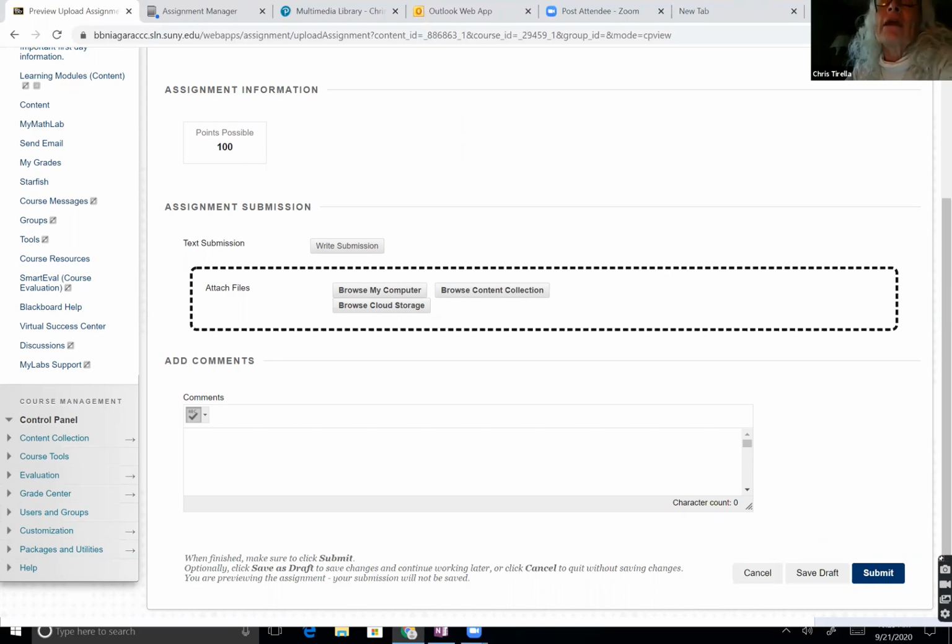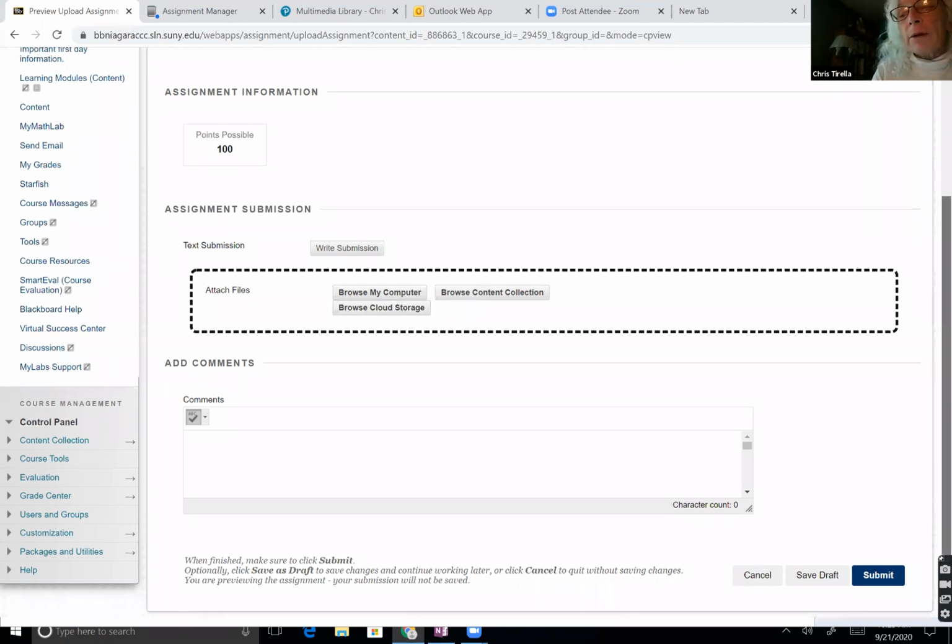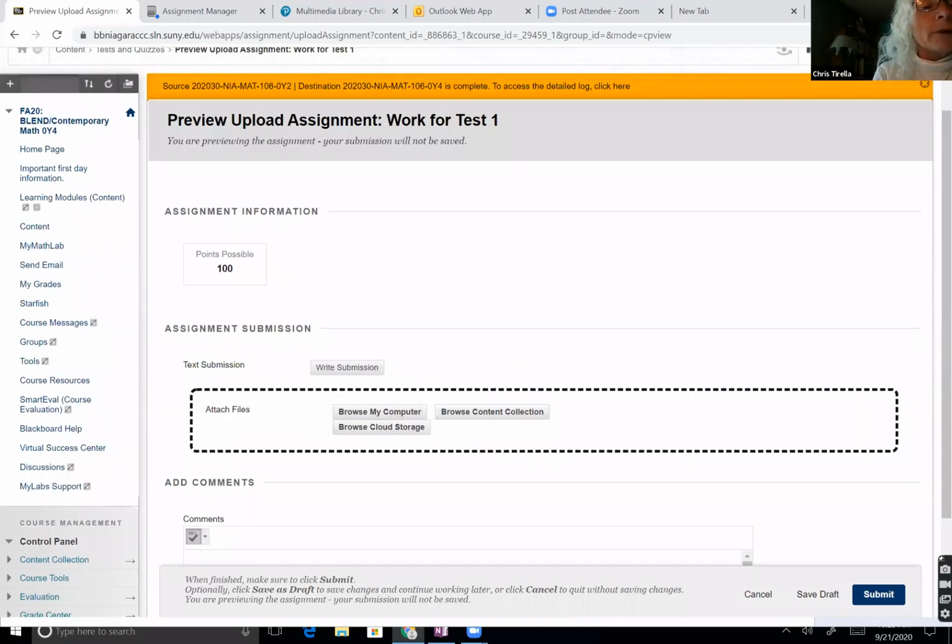If you have not saved it anywhere, my suggestion is to do what we just did, but instead of doing it on your computer, do it on your phone. If I were on my phone and I click browse my computer, I'm going to back up for just a minute.